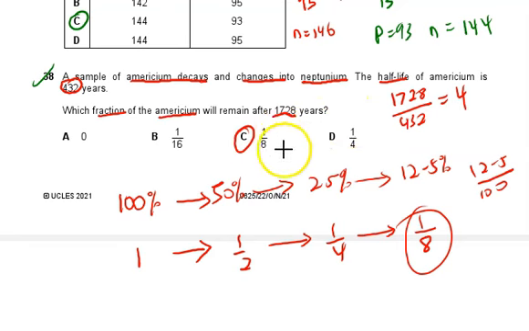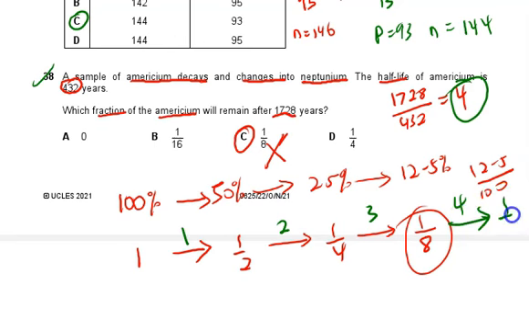And C is not your answer, so this is wrong. You know why? Because when you calculate this, it should be 4 times. So this is 1, 2, 3, and you need one more, which is 4, 1/16.